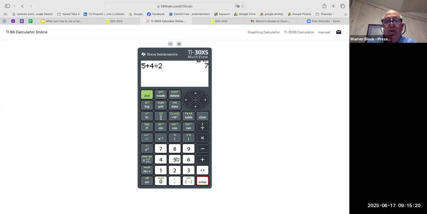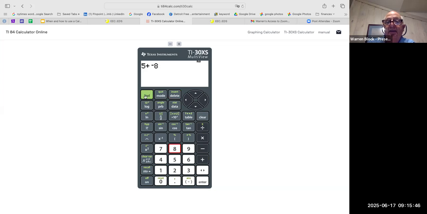And so I want to go back up here. Delete the end. Okay, 5 plus negative 4. If we want to, we can delete up in the top row. There's a delete button. Delete and put in anything you want.